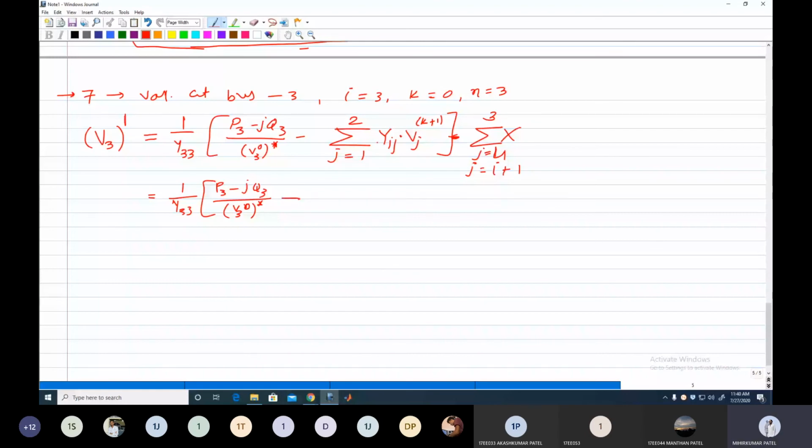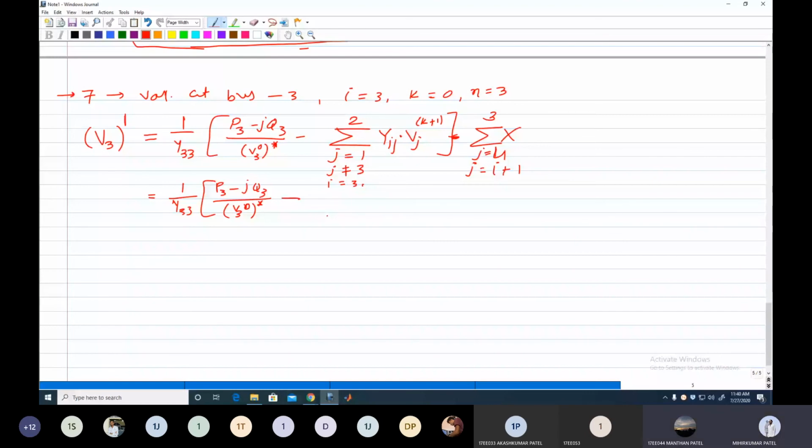Yes, here the condition J not equal to I means I is equal to 3. So just substitute the value of I equal to 3, J not equal to 3, and J is equal to 1 to 2. So the summation will, yes, just extract the summation.